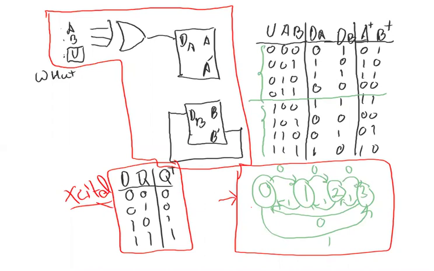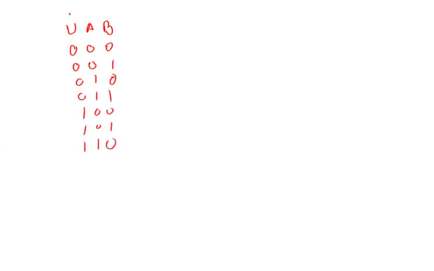So now I've got a new present state, next state table with input U, A, and B. In this case, we're going to be doing the up count.